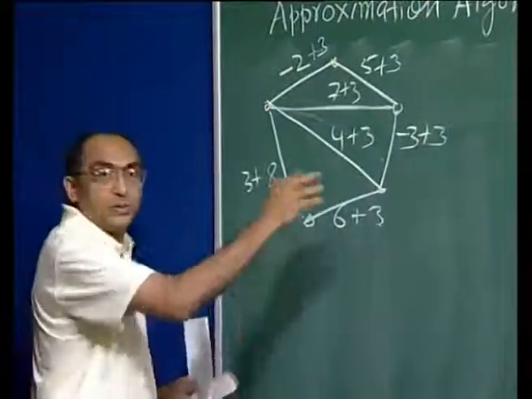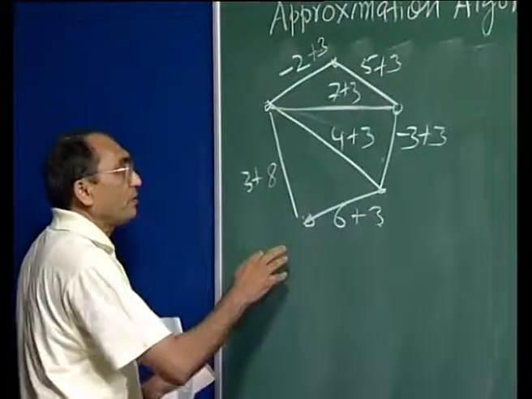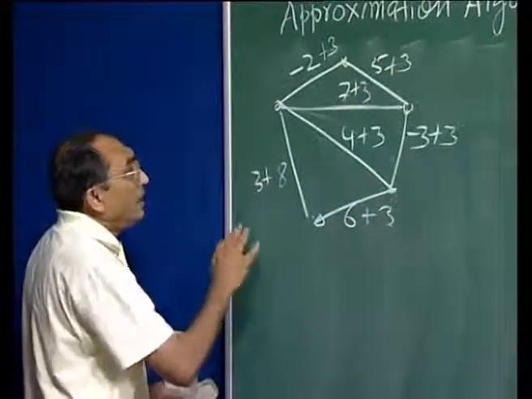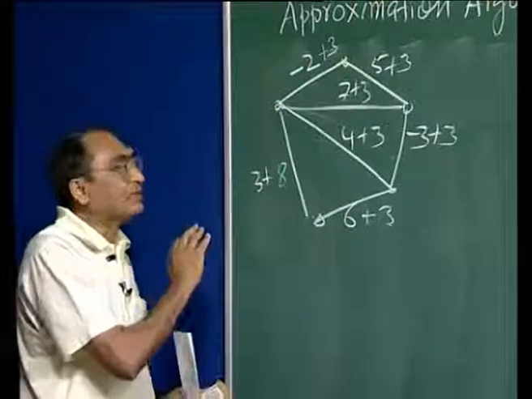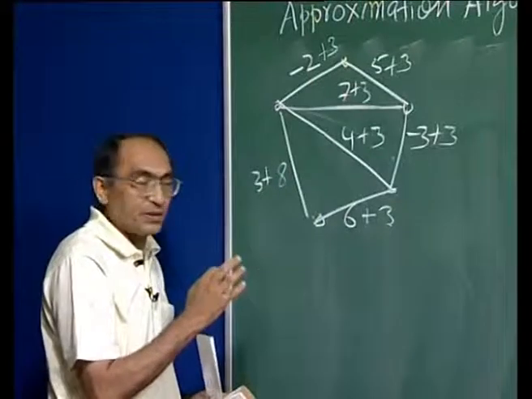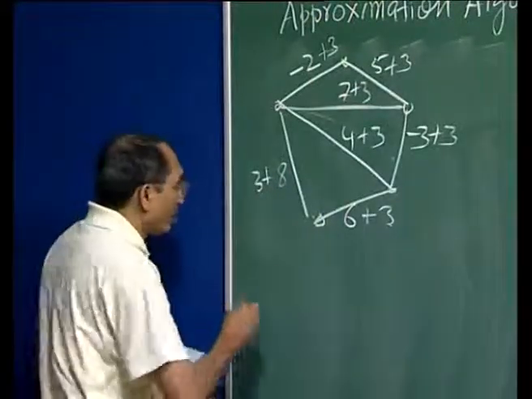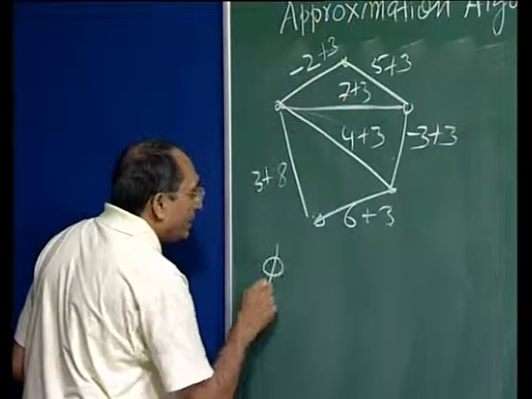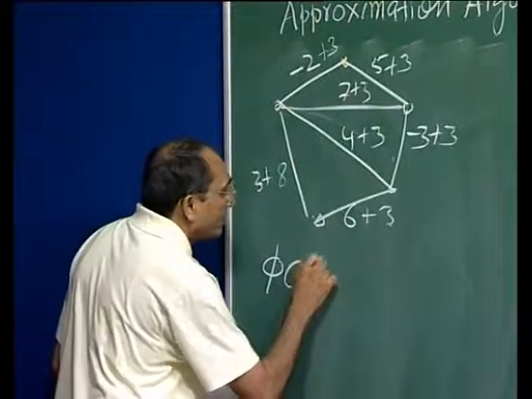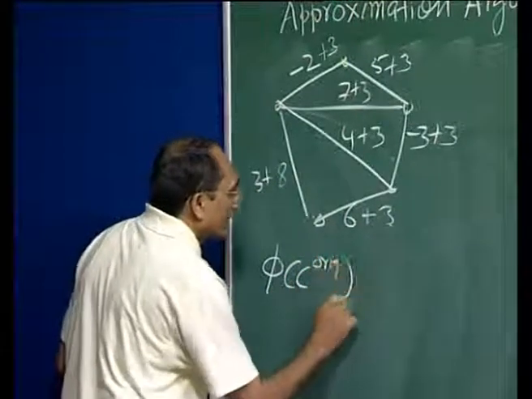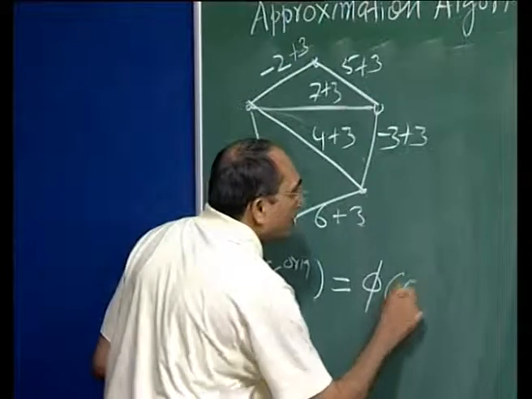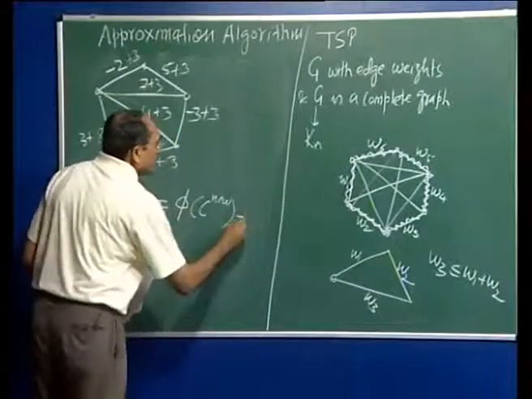But how is it related to the old problem? So, the answer is very straightforward. Everybody has added 3 weights, and in any Hamiltonian cycle, any cycle passing through all the vertices, there are exactly n edges, n being the number of vertices. So, the weight of original cycle, let us say C original, is always C new minus 3n.